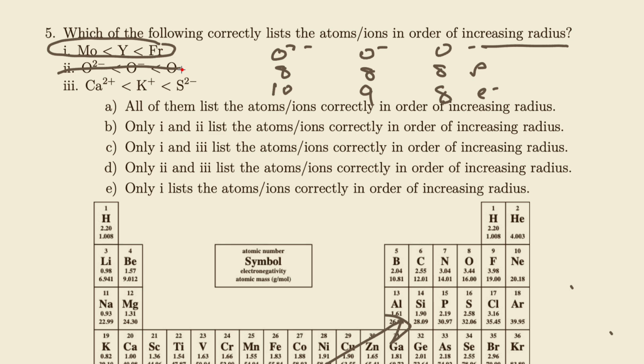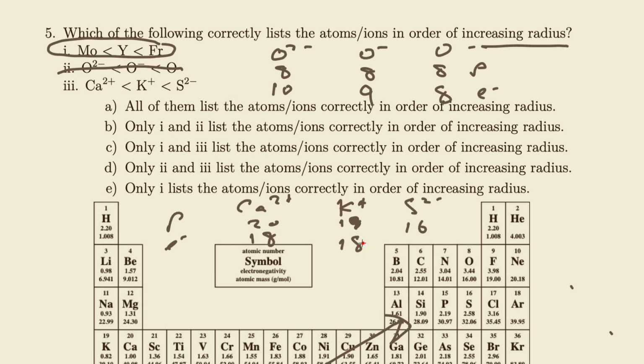And then we got calcium 2 plus, potassium, and then the sulfur. Sulfur has 16 protons, potassium 19, and then calcium 20. So the top is protons. Then in terms of electrons, the calcium ion would be 18. Potassium, 19 protons, that has a plus 1 charge, that's 18 electrons.